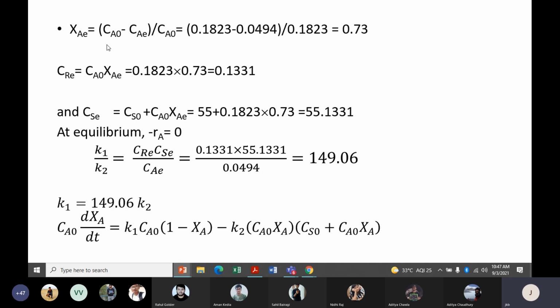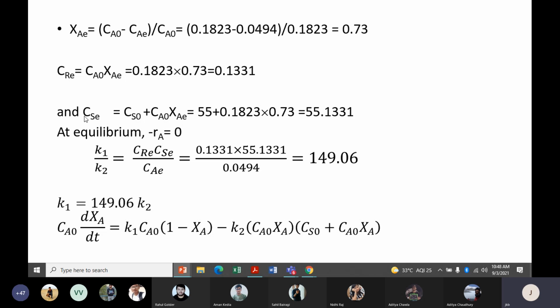Exactly, it is calculated like this. XA is CA0 minus CAE. CAE is taken from the infinite time concentration, 0.0494. What is CRE? CRE is CA0 XA, substitute. CSE expression is CS0 plus CA0 XA.